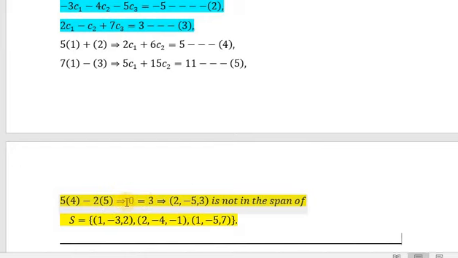See, 0 cannot be equal to 3, which implies that (2, -5, 3) is not in the span of S equal to (1, -3, 2), (2, -4, -1) and (1, -5, 7). We cannot solve these equations for C1, C2, C3. Hence, this doesn't belong to the span of these vectors.